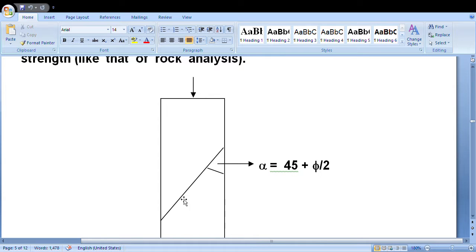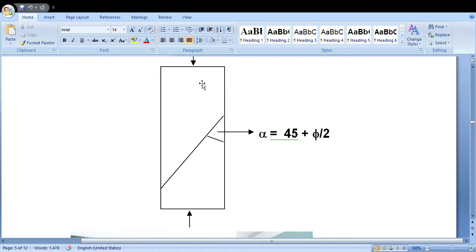This will be diagonal failure. That means the soil falls under general shear failure criteria, and settlement shall not be the governing factor here. Settlement will be much less, shear will be the governing factor.